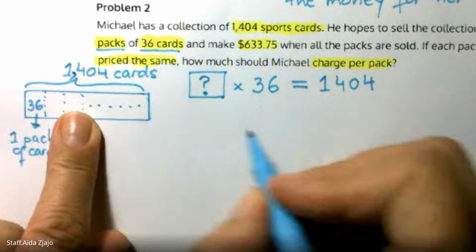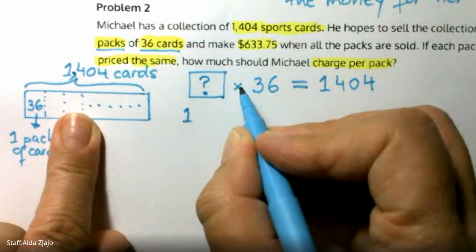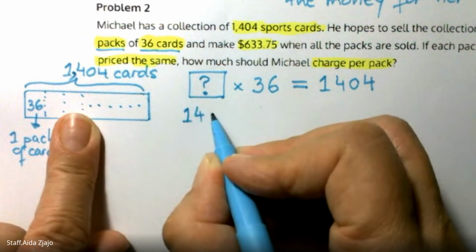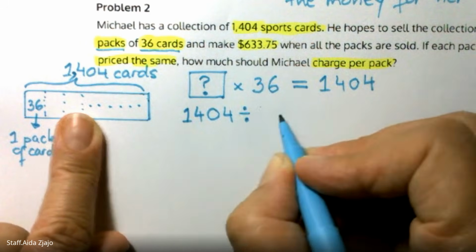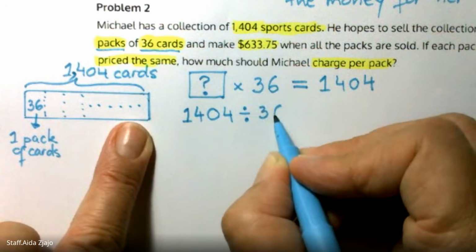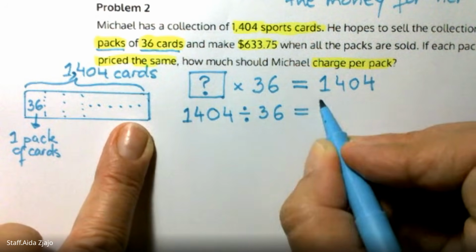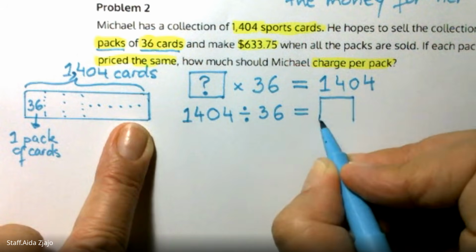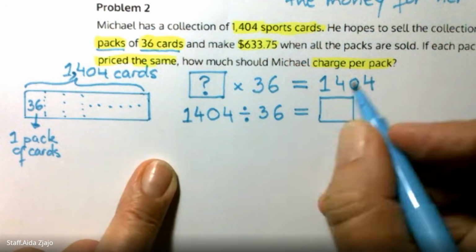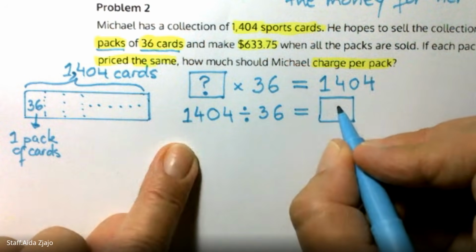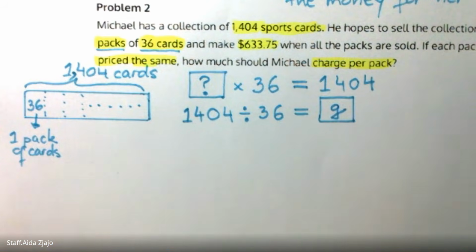Our picture tells us we need to check with multiplication, we check with division. We need to do 1,404 divided into groups of 36 to give us the unknown. So I can make this G as groups, how many groups we have, and that is a question mark.